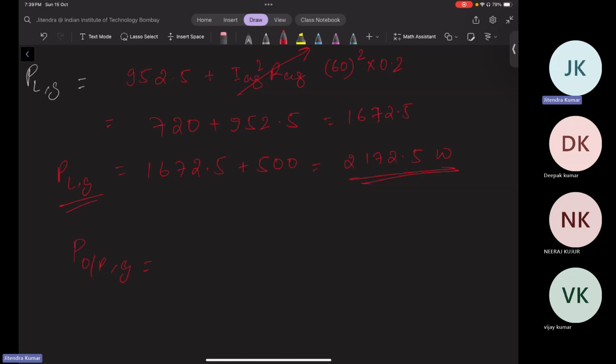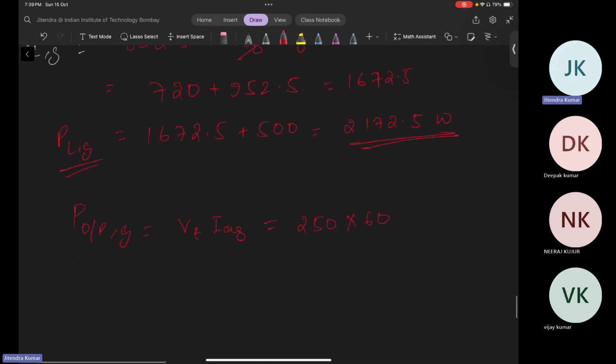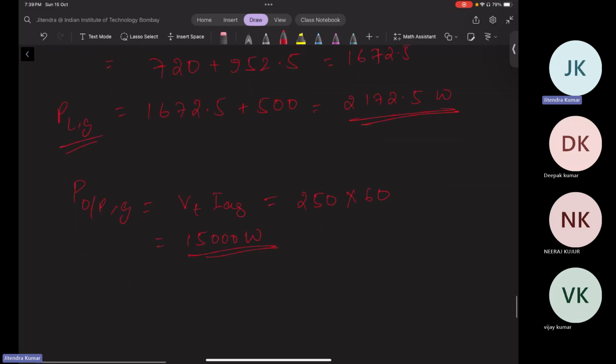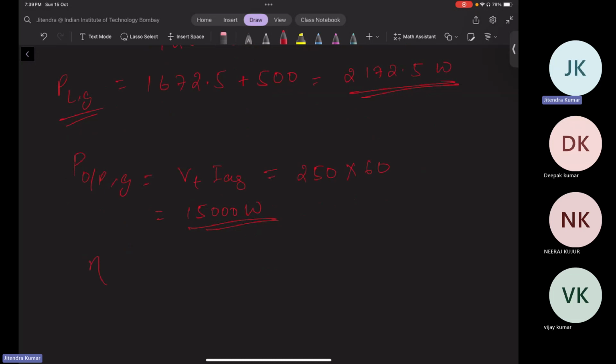Whatever is coming out of the armature of the generator, output power of the generator we want here. So I can write V_t into Ia_g, right? So it will be 250 into 60. It is equal to 15,000 watt, right?